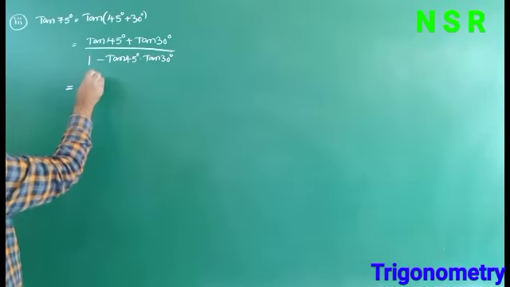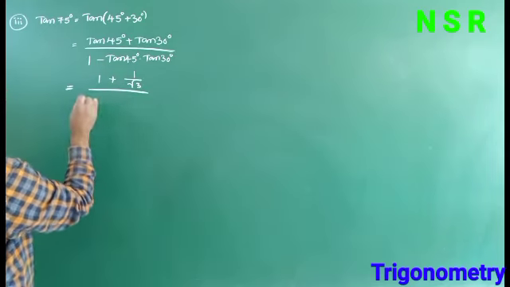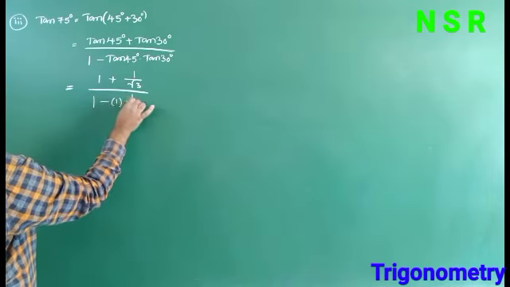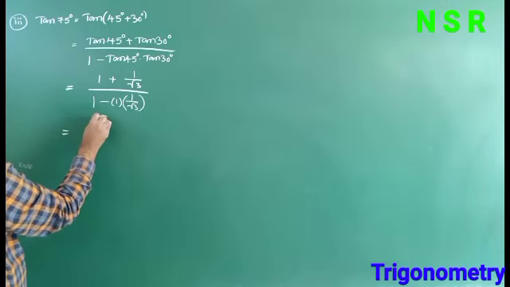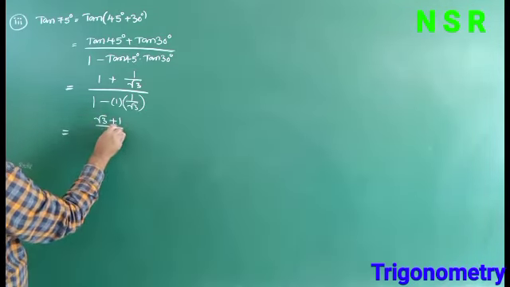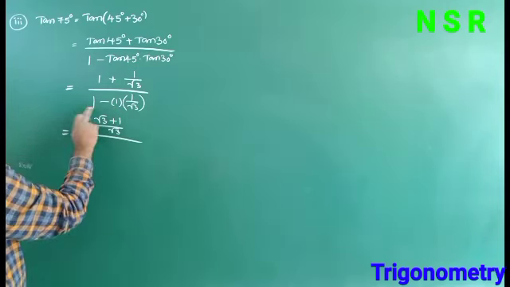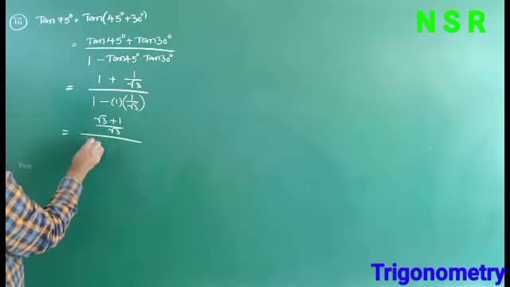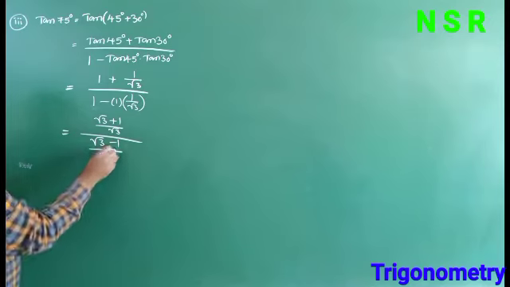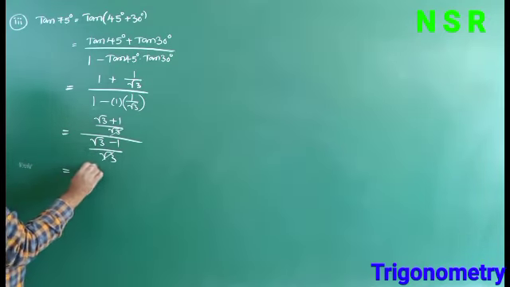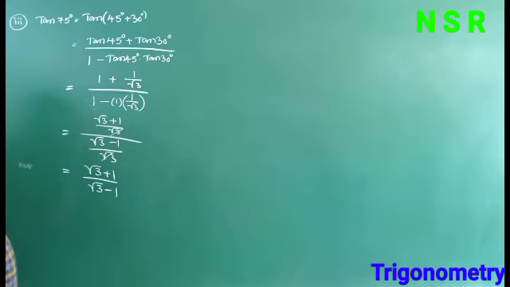So tan 45 is 1, tan 30 is 1 by root 3, by 1 minus 1 into 1 by root 3. Here root 3 into 1, root 3 plus 1 by root 3, by here 1 minus 1 by root 3. So root 3 minus 1 by root 3, here LCM root 3. So the denominator root 3 gets cancelled, we get (root 3 plus 1) by (root 3 minus 1).